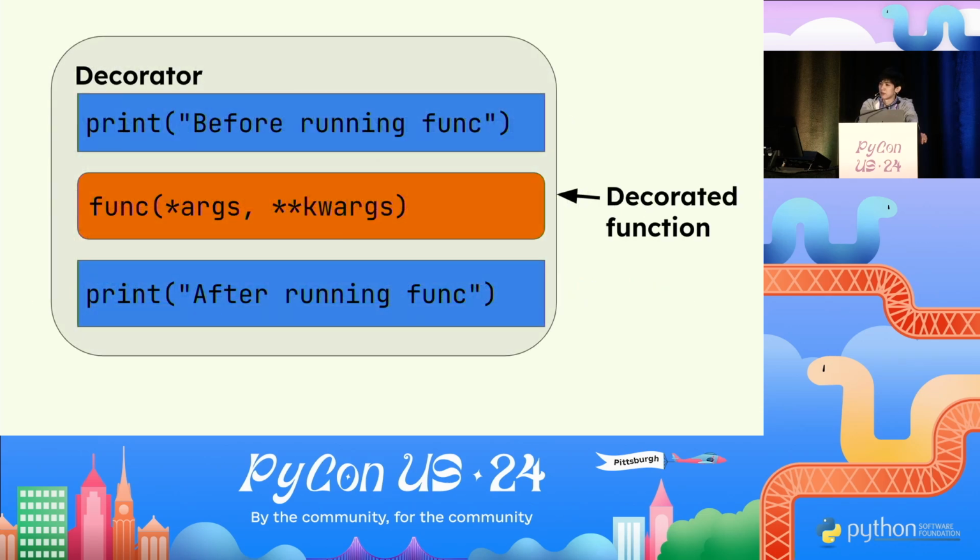This diagram indicates how the decorator works. The decorator adds some processing before calling the function. In this example, it prints before running the function, and after that it prints again.